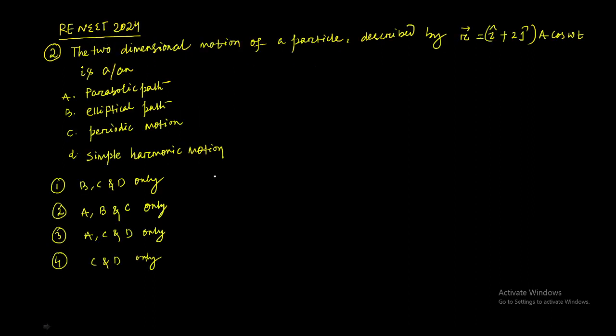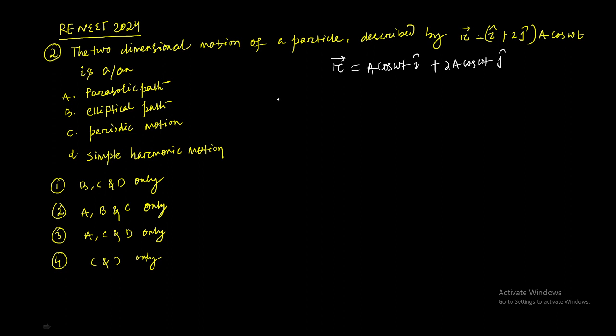Let's see question number 2. In this question they have given the two-dimensional motion of a particle. So r can be written as A cos omega t i cap plus 2A cos omega t j cap. Now in the options they have given the path and the type of motion it is following.